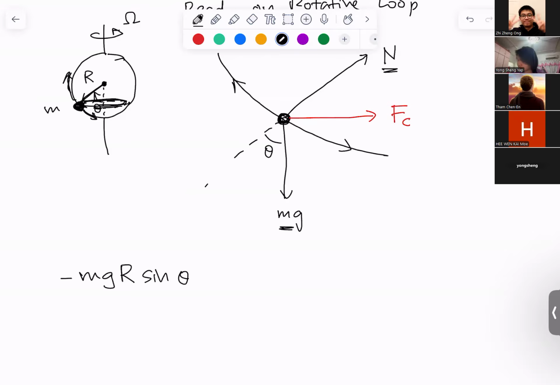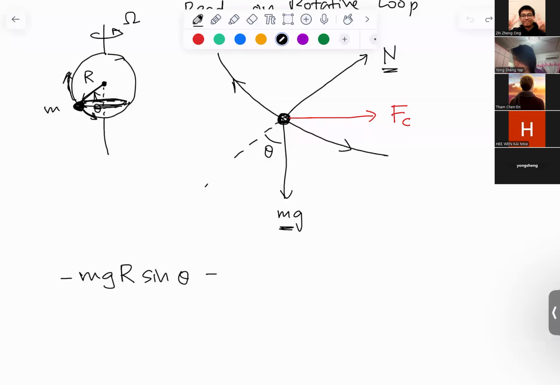At equilibrium, this must supply the centripetal force. The centripetal force also needs to be taken into account. The better way of saying that is that this must be equal to the torque given by the centripetal force.